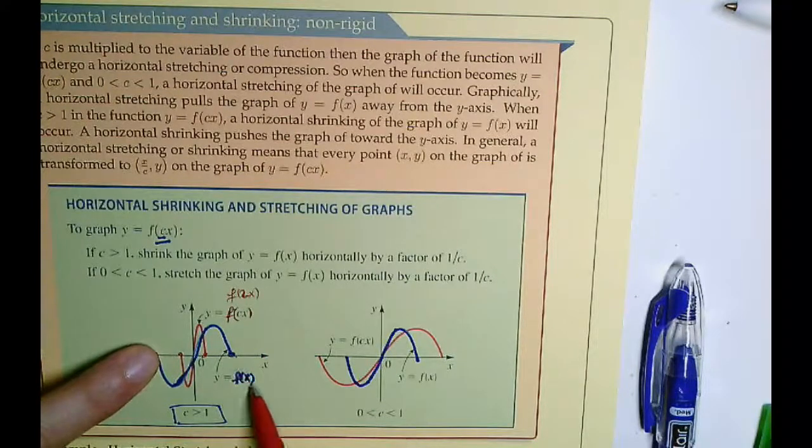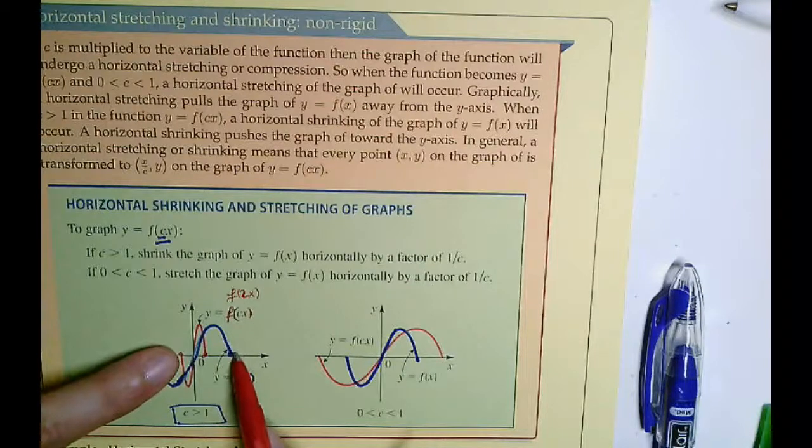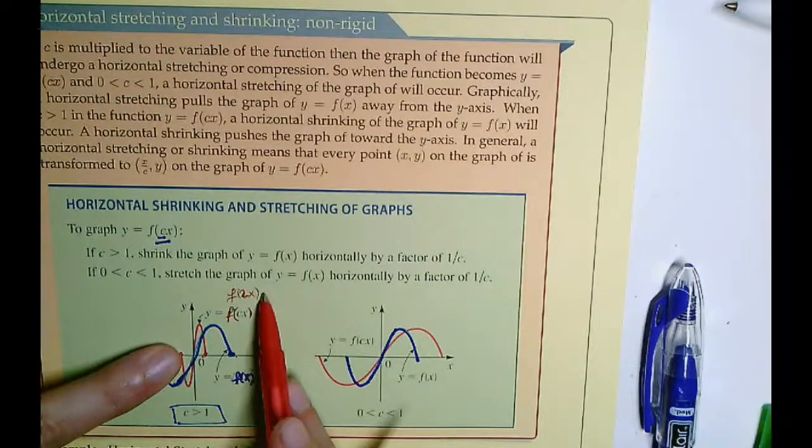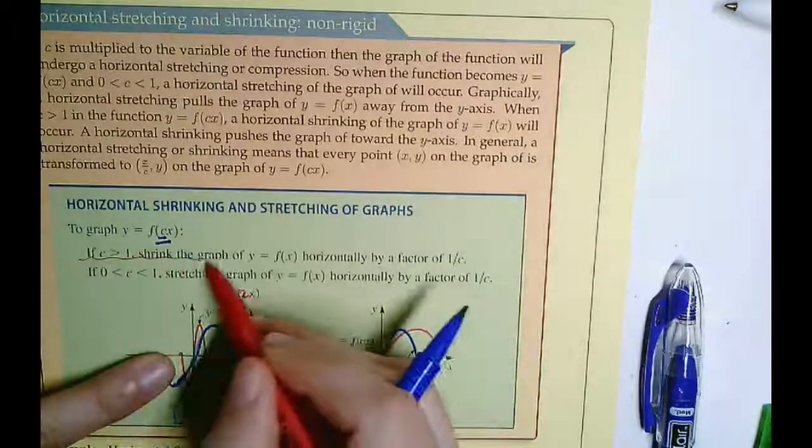I took the blue graph, the original graph of f of x, and I shrunk it horizontally to get the graph of f of 2x.